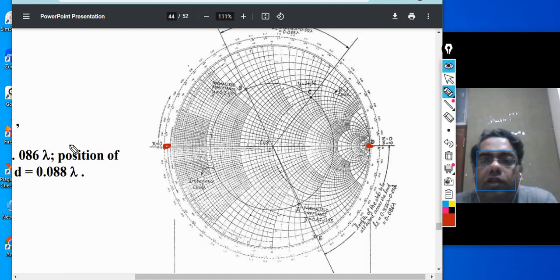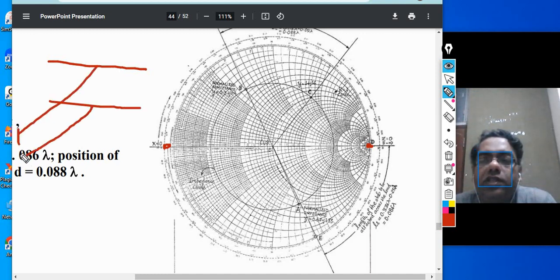So we have to find out the length of the stub.